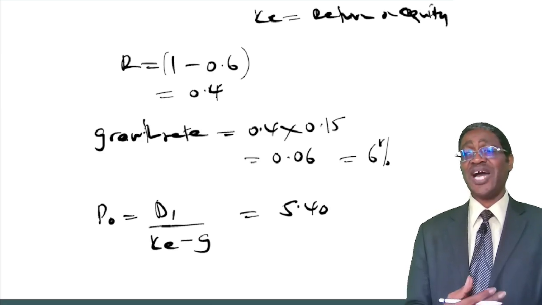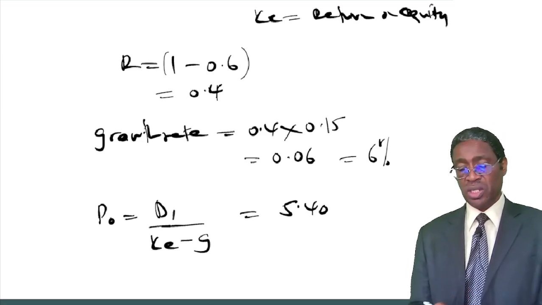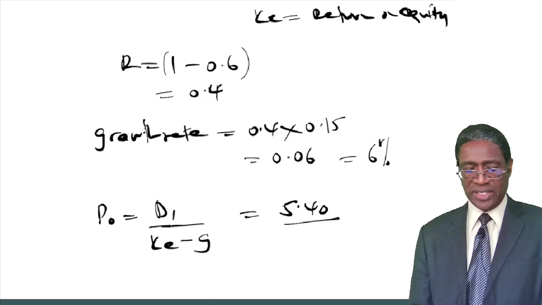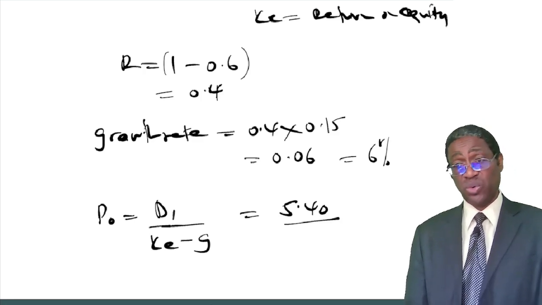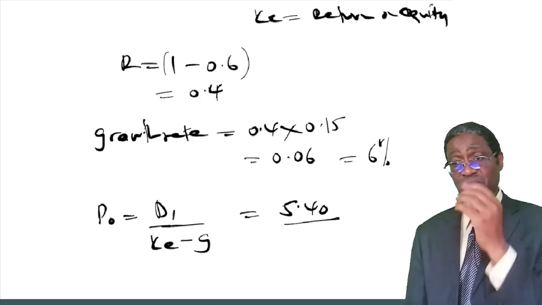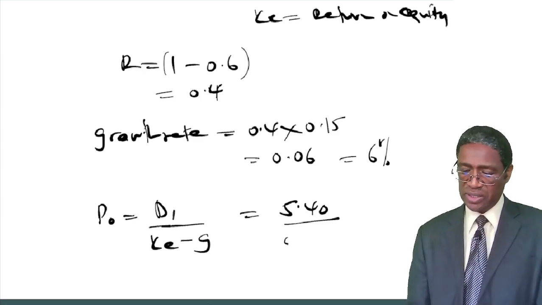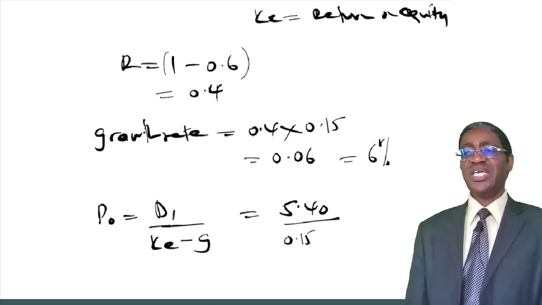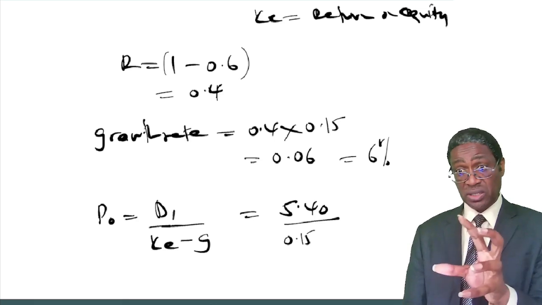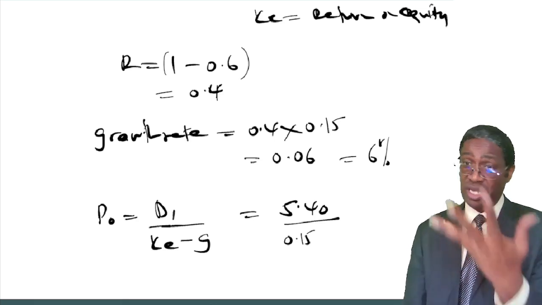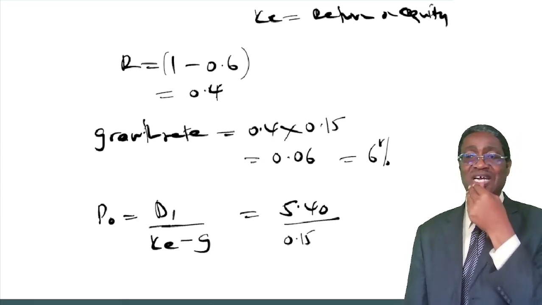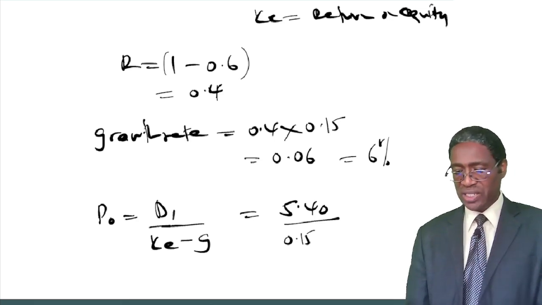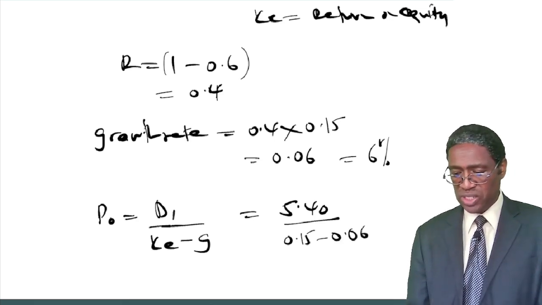That one we were given at the start of the question. KE, I take the cost of equity, which is the return on equity, 15%. That one we were given. Minus the growth rate, which is 0.06.